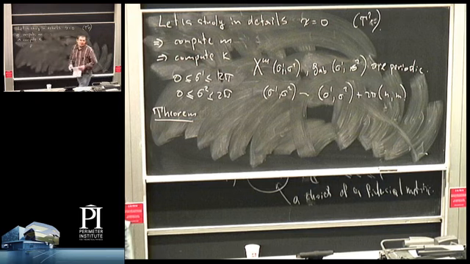So how do we think about the torus? Well, there are two coordinates, which I'm going to call sigma 1 and sigma 2, and I'm going to assume that they range from 0 to 2 pi.